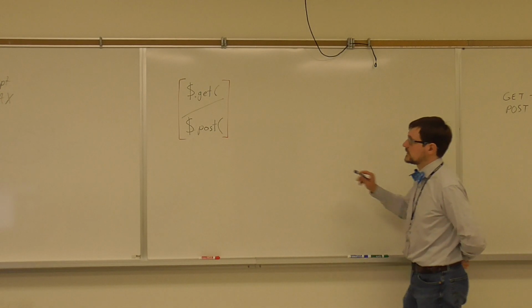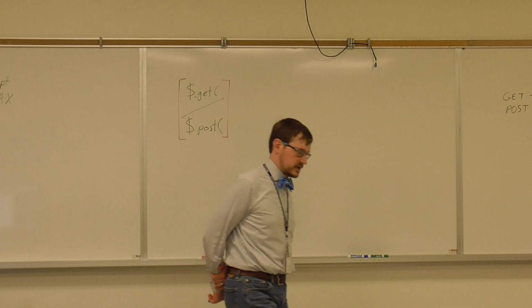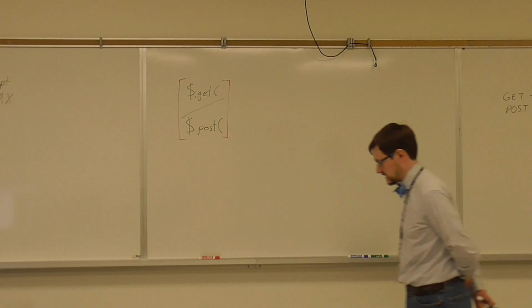So, when we make an AJAX request, there are 3 pieces of information that we need. The first is the file name on the server of the resource we are requesting.